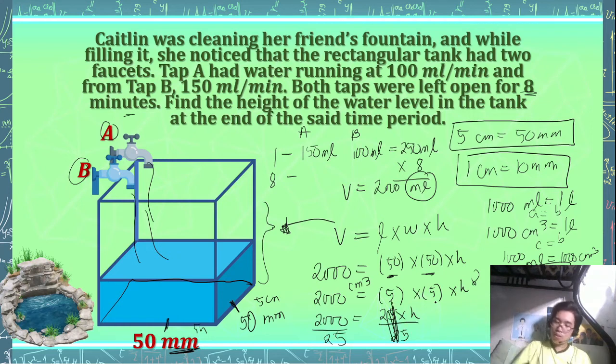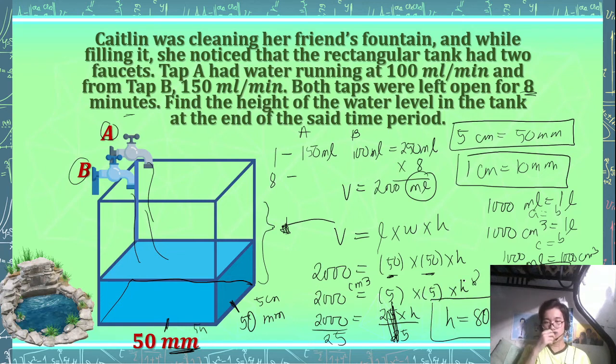And what's 2000 divided by 25, dear students? 2000 divided by 25 is simply equal to 80. So the height of our given figure is equal to 80 cm.